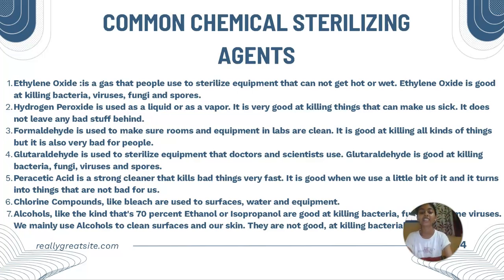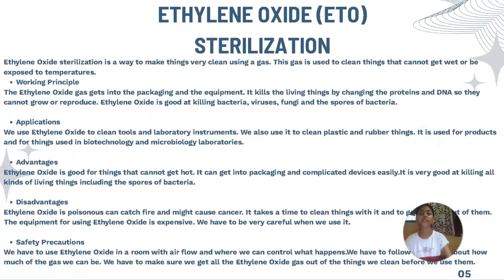If we talk about ethylene oxide, it is a gaseous sterilizing agent. It is mainly used for materials that cannot withstand heat or moisture. It works by damaging proteins and DNA of microorganisms. It is effective against bacteria, viruses, fungi, and bacterial spores, mainly all the microorganisms.